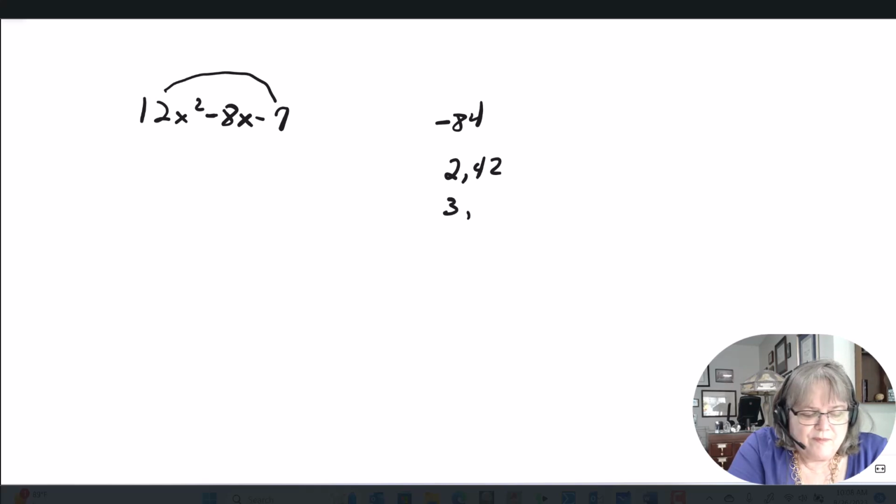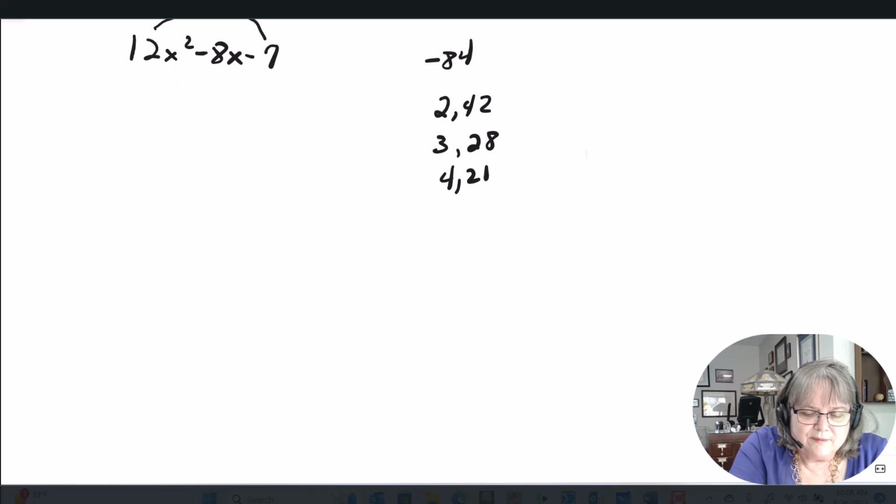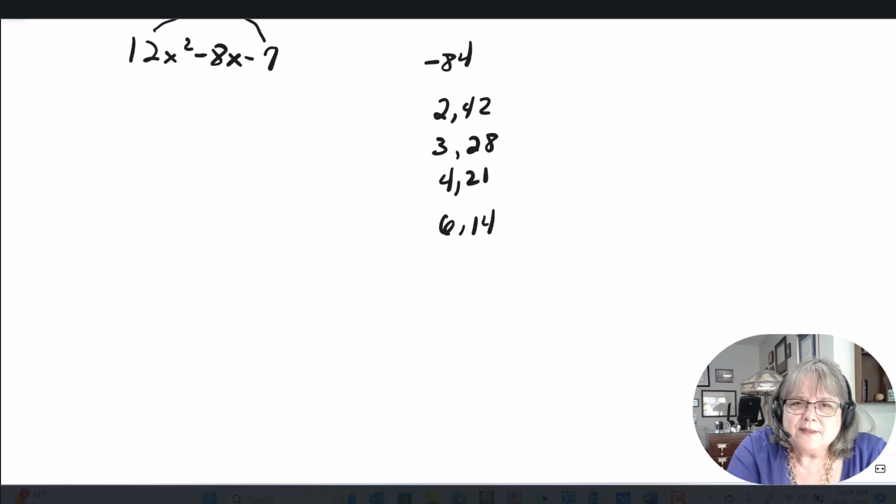Now, if you go through here and do these really quickly, you should have had something like, these are the numbers that multiply to 84. But since it's multiplying to a negative, one's plus and one's minus, right? Because of this, one's plus and one's minus, and it adds to a negative 8, so you have negatives left over, so the bigger number's negative.